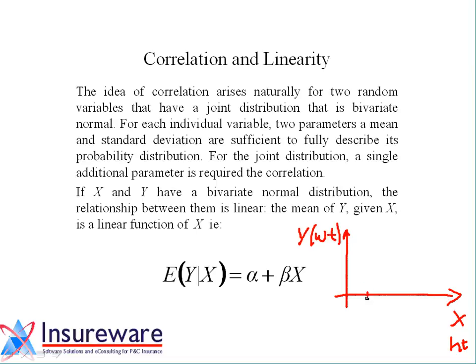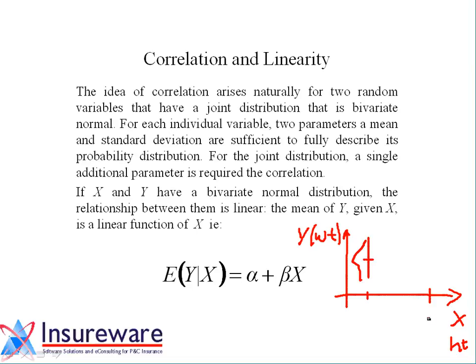So you take a subpopulation of people that have a height somewhere, say, between 170 and 171 centimeters, and you then draw a frequency plot of their weights, and it's normally distributed with a particular mean.